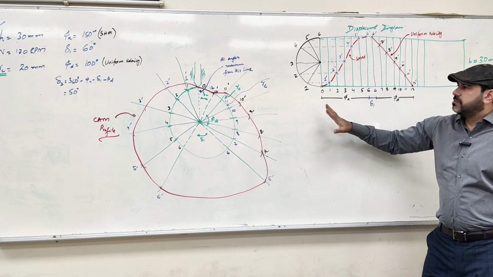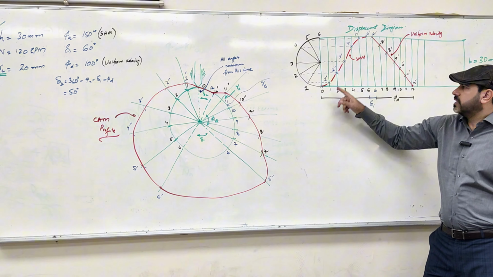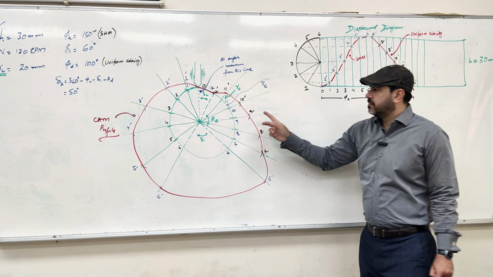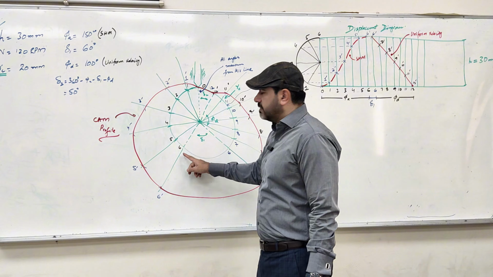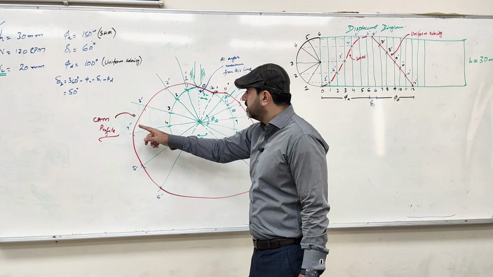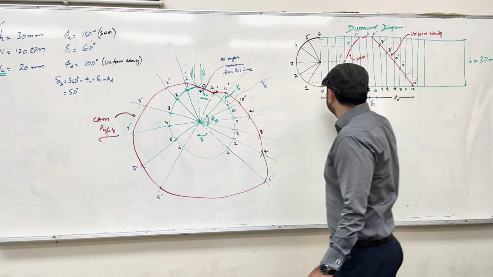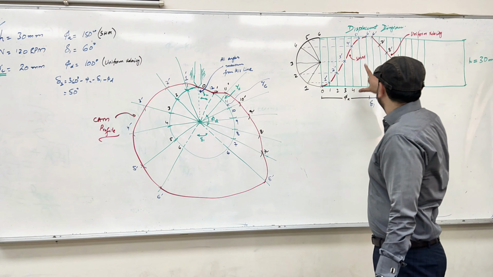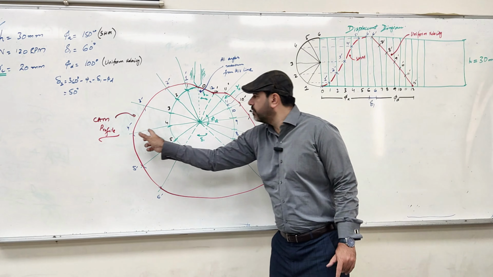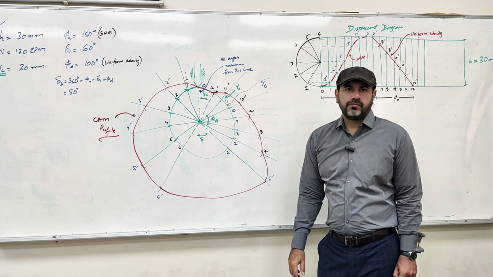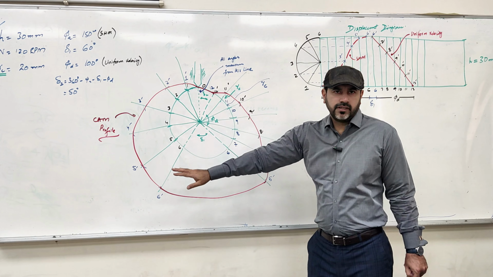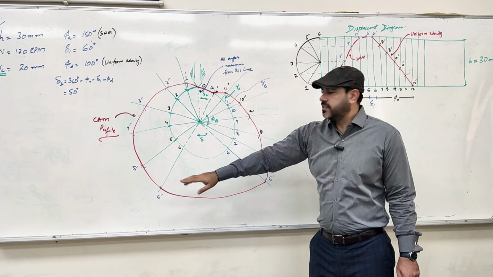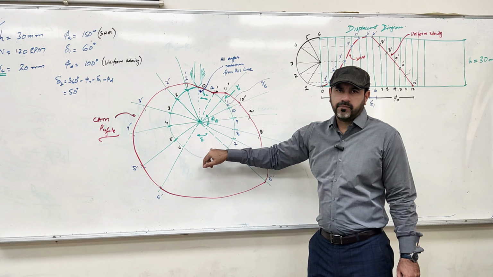Once you decide the same number of divisions and you mark the points, then you need to transfer those points. So these 1, 2, 3, 4, 5, 6 are here. You need to extend these lines. Take the reference from 1 to 1, 2 to 2, 3 to 3, 4 to 4, and so on. Once you transfer all the reference points, then you have this dwell 1.